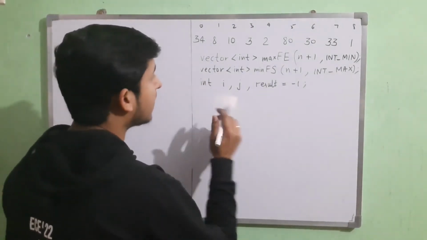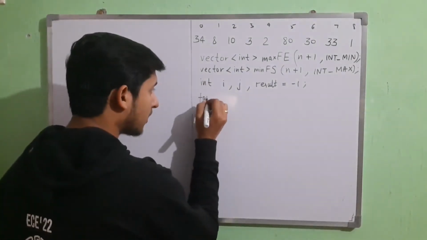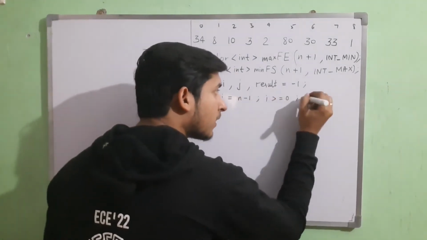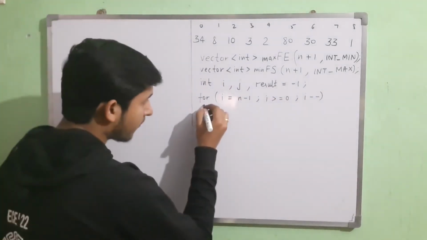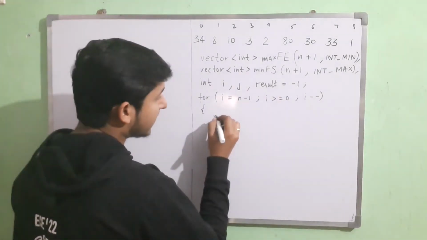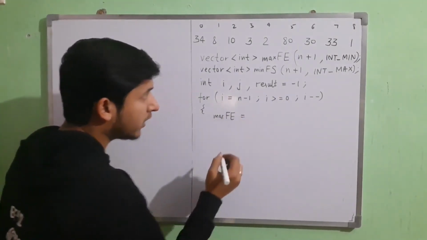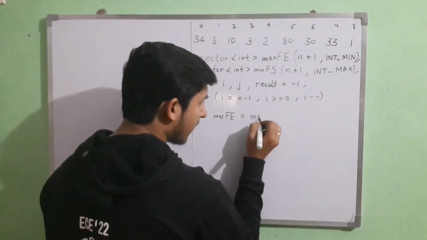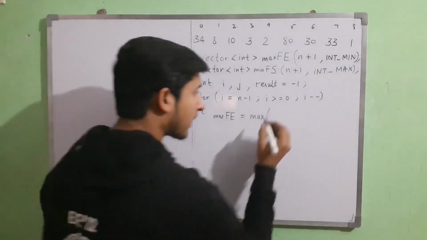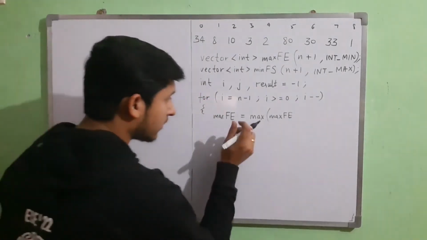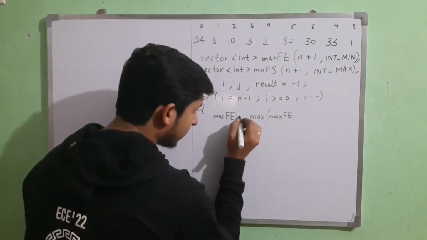So after this, max from end will hold maximum of max from end, okay, at ith index.